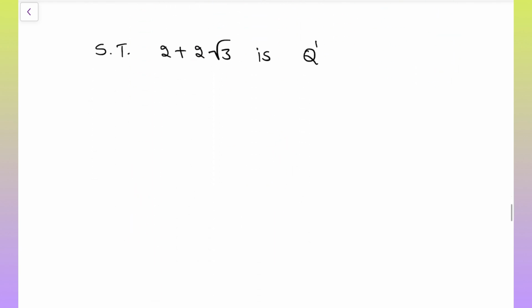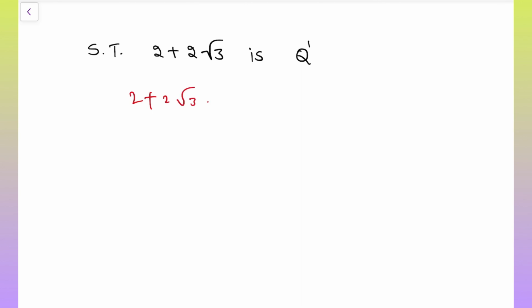Next question. Show that 2 plus 2 root 3 is an irrational number. So first statement as usual, on the contrary, let us assume that 2 plus 2 root 3 is a rational number. So 2 plus 2 root 3 is equal to a by b. Conditions as usual: a, b are integers, b not equal to 0, a, b are co-primes.